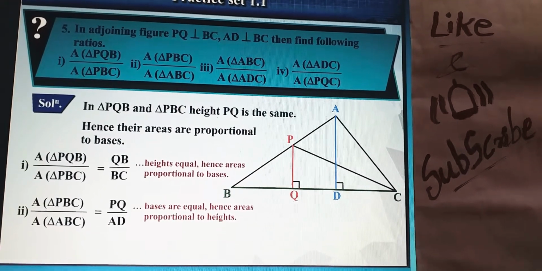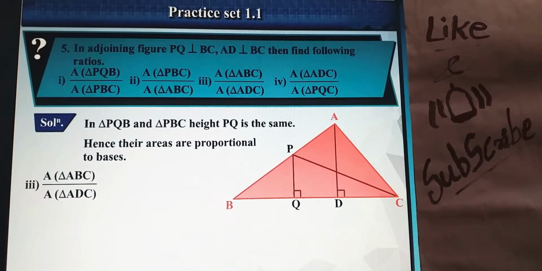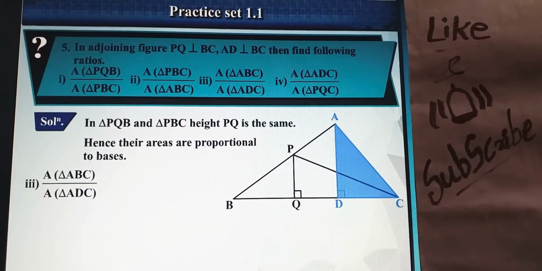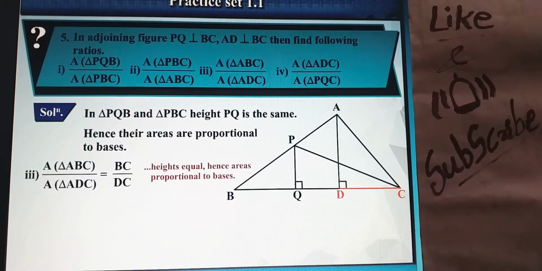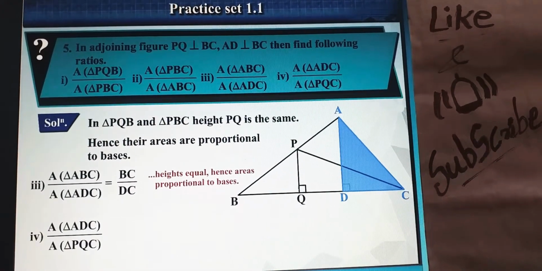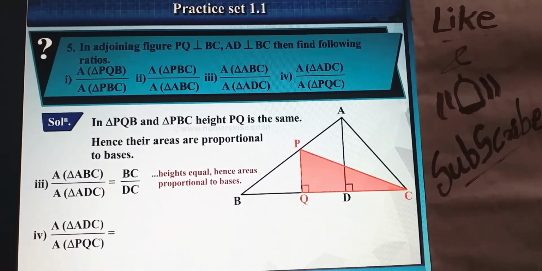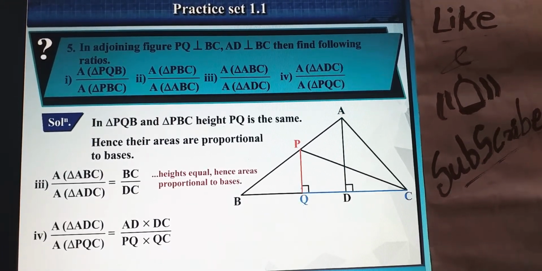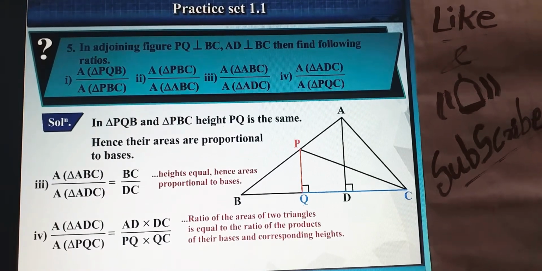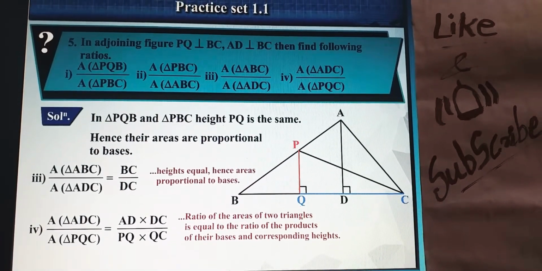Bases are equal, hence areas proportional to heights. 3. Area of triangle ABC upon area of triangle ADC is equal to BC upon DC. Heights equal, hence areas proportional to bases. 4. Area of triangle ADC upon area of triangle PQC is equal to AD multiplied by DC upon PQ multiplied by QC. Ratio of the areas of two triangles is equal to the ratio of the products of their bases and corresponding heights.